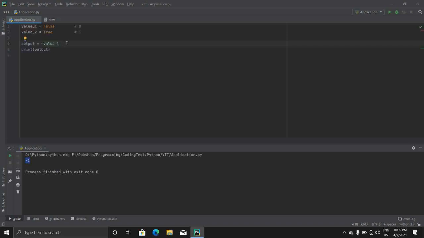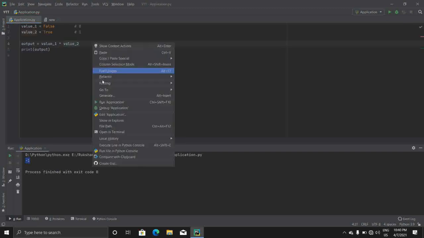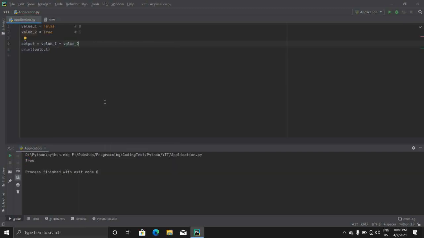Now let's take some examples for the XOR operator. The usage is the same as the OR bitwise operator and the AND bitwise operator. All we need to do is put value 1, use the XOR sign, and use value 2. Now let's run this application.